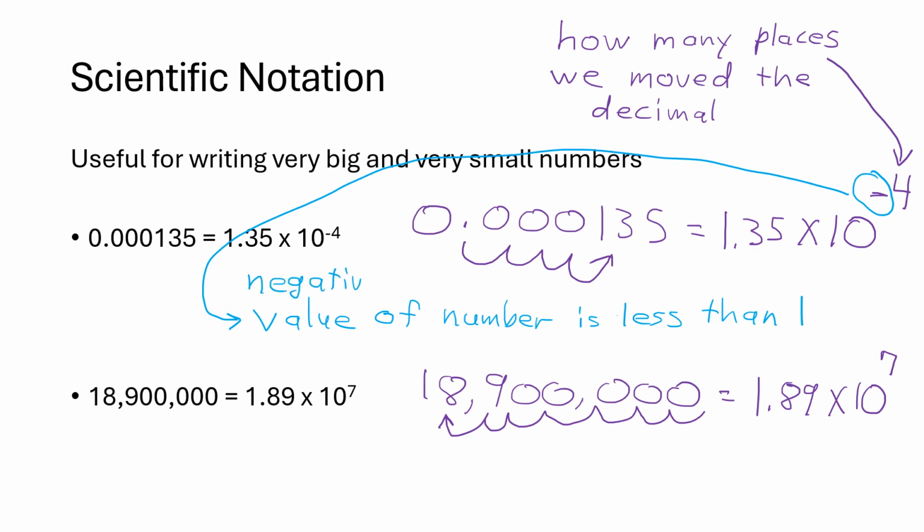A negative exponent means that the value of the number, the 0.000135, is less than 1. And then when we have a positive exponent, the number is going to be greater than 1.